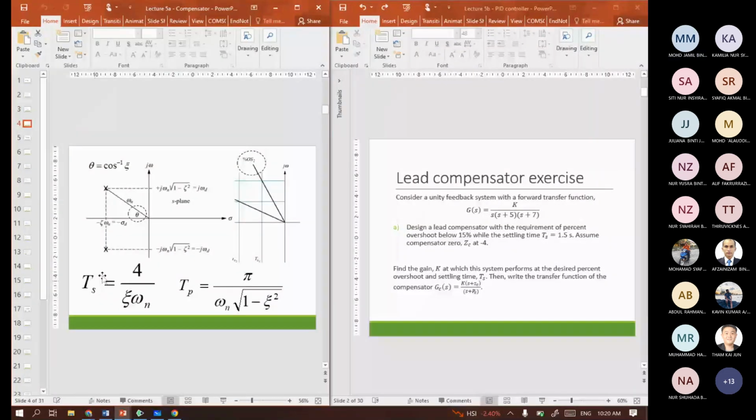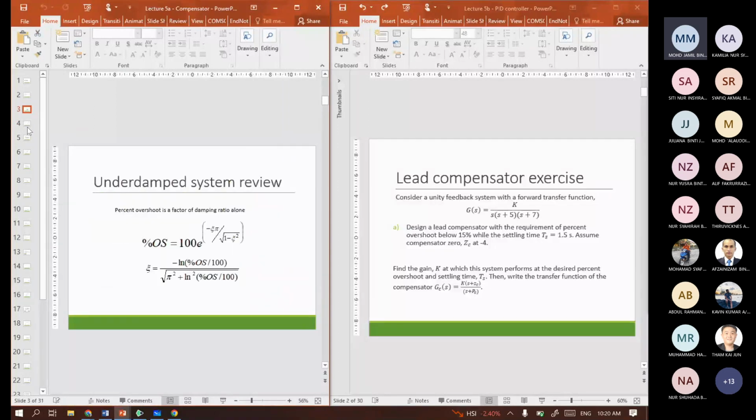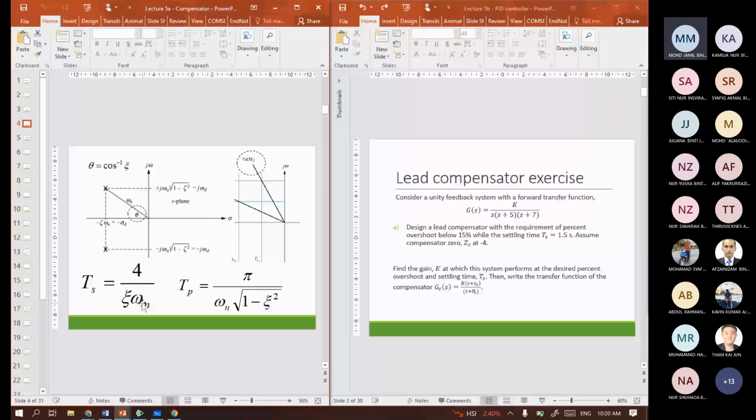The first two slides that I showed you are important in order for you to determine the damping ratio, the natural frequency, and then the dominant pole. So let's determine these properties from the question.